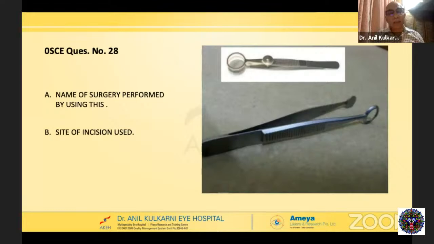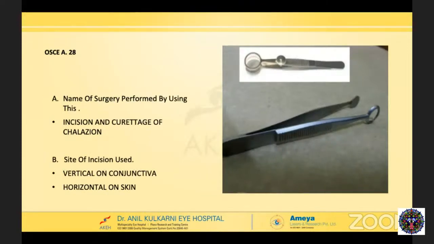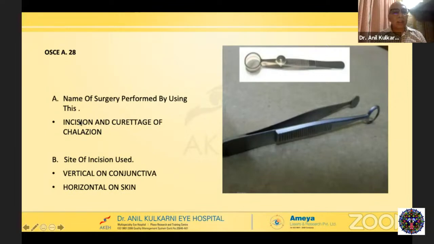Number 28. The name of the surgery is incision and curettage of chalazion.